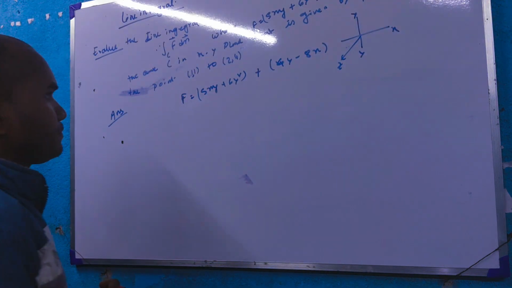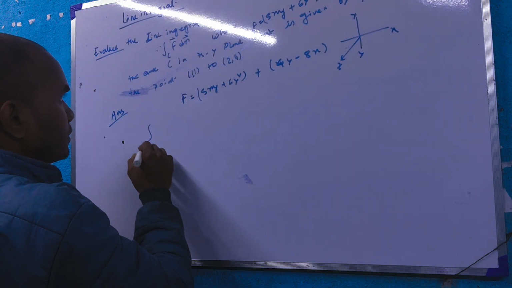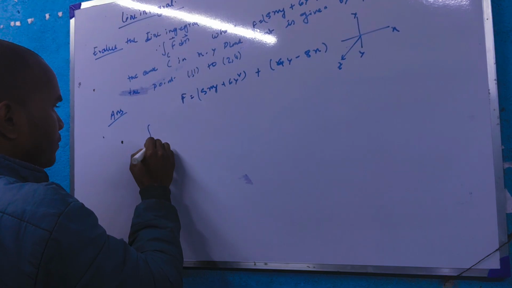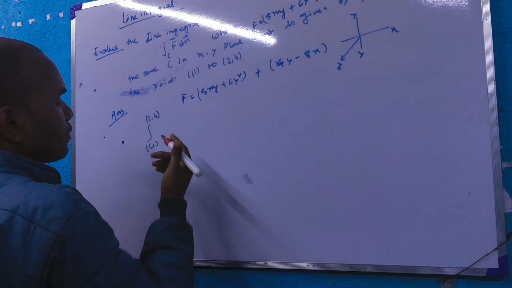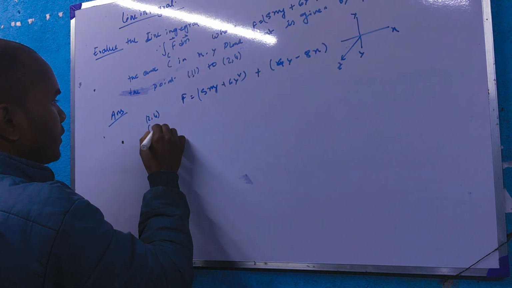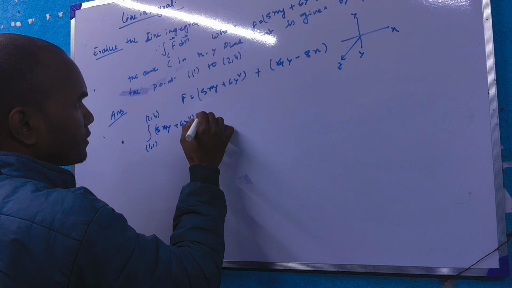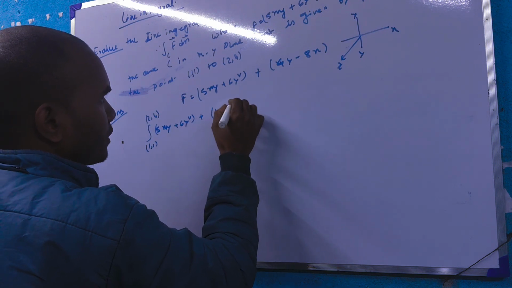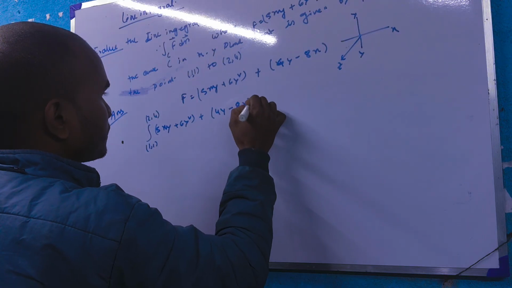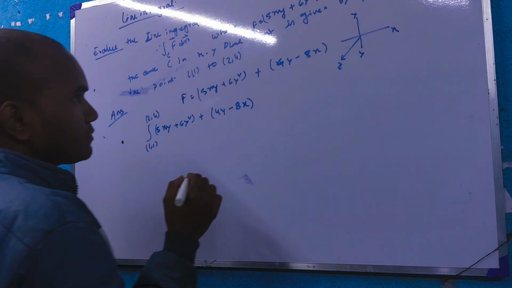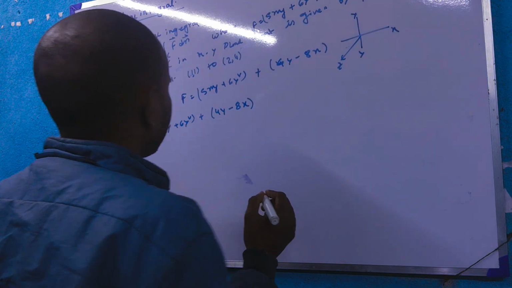So xy plane means these planes. For that case it will be the integration from 1,1 to 2,4 of 5xy plus 6y square plus 4y minus 8x.